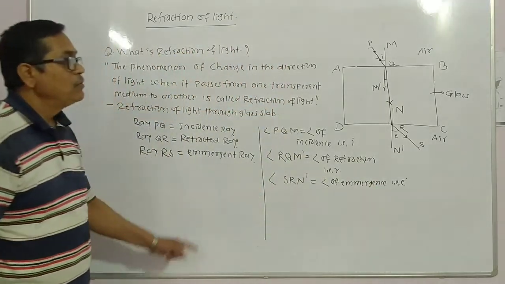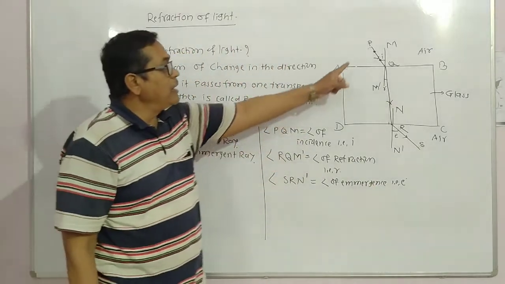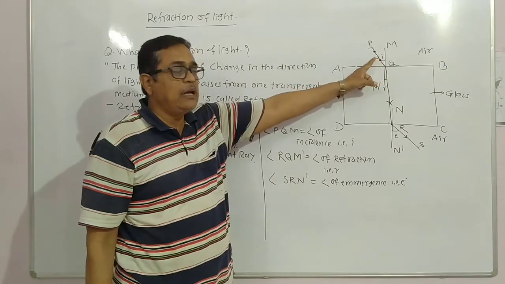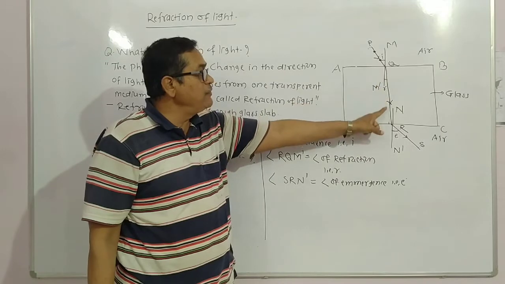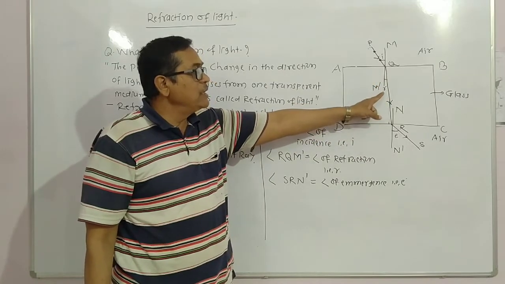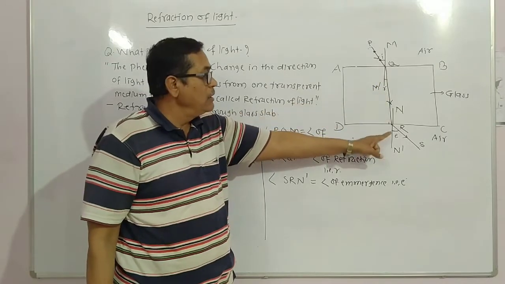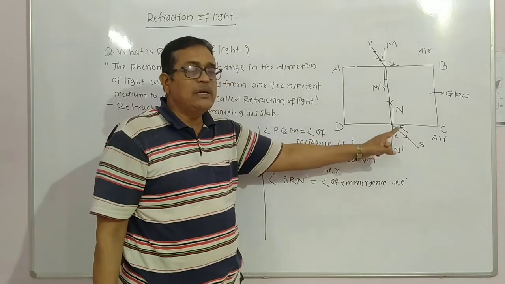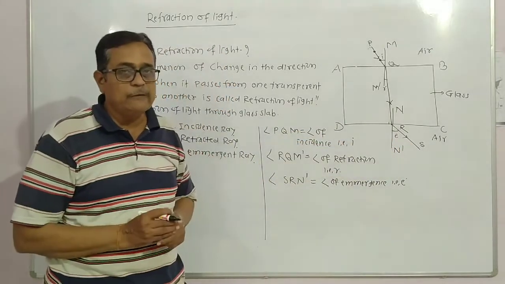Means in this way we identify the angle made by the incident ray with the normal, that is angle of incidence i, the angle made by the refracted ray with the normal, that is angle of refraction r, then the angle made by the emergent ray with the normal, that is angle of emergence e.